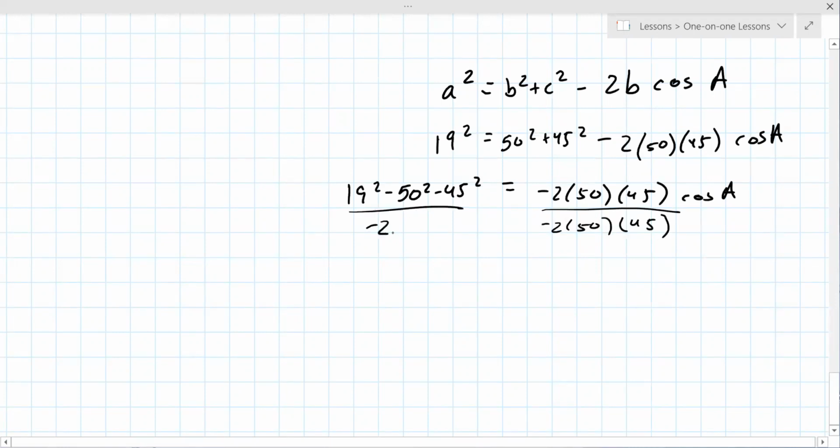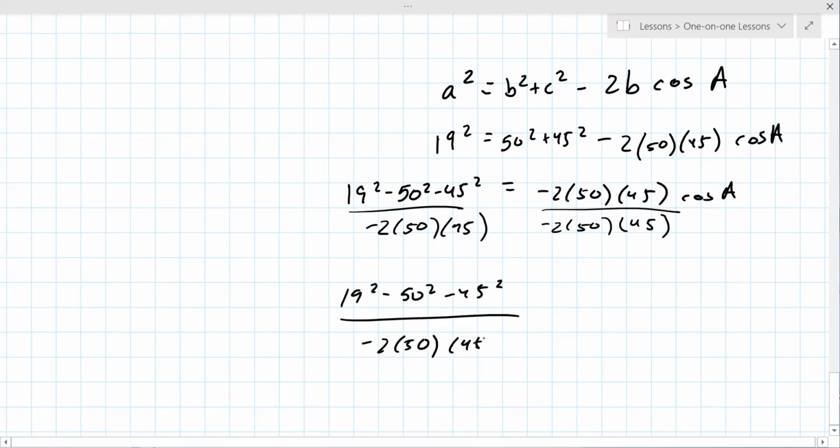This is why it's a calculator problem, because it'd be pretty hard to do this by hand. So it's 19 squared minus 50 squared minus 45 squared over -2 times 50 times 45 equals cosine A.